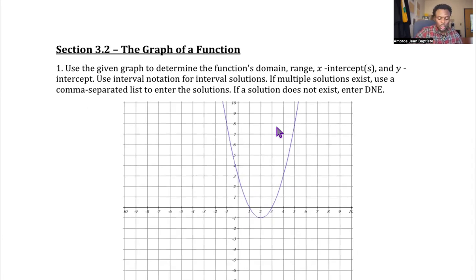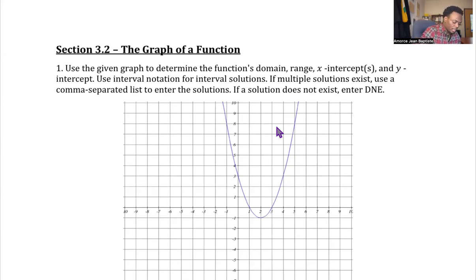We're going to go over concepts like the domain of a function, the range of a function, intercepts, maximum, minimum. We're going to look at even and odd functions, and we're going to look at when a function is increasing, a function is decreasing, and all that good stuff.